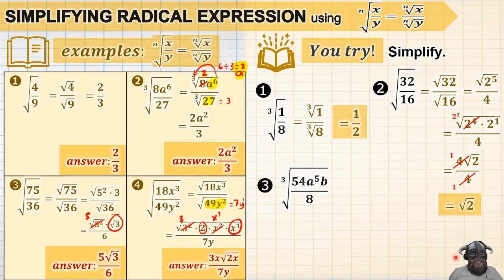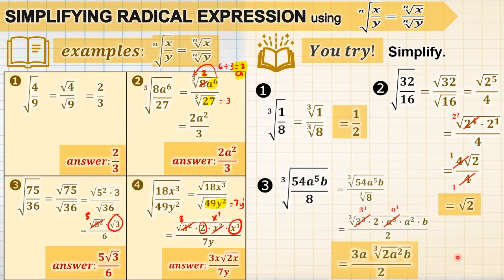Next will be number 3. So the final answer, yan, will be 3a times the cube root of 2a squared times b all over 2. Yan. So, tignan nyo na lang sa solution kung ano yung naging way just to simplify this one.